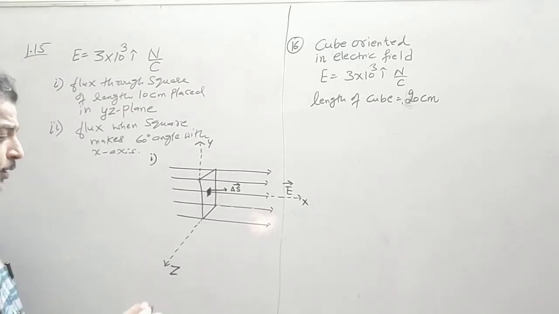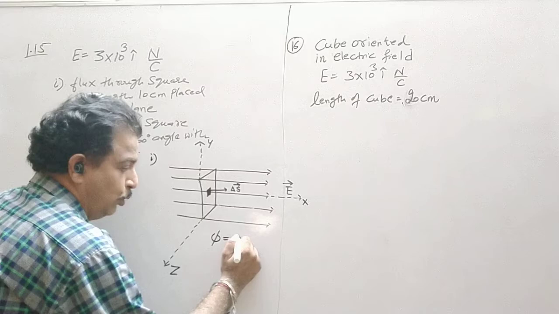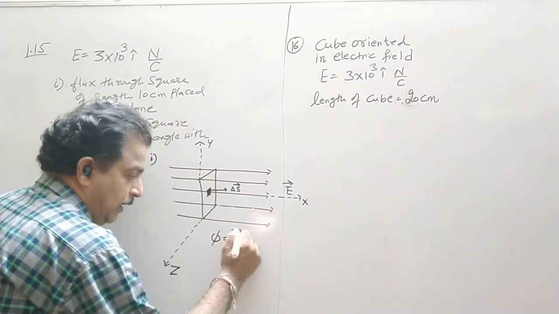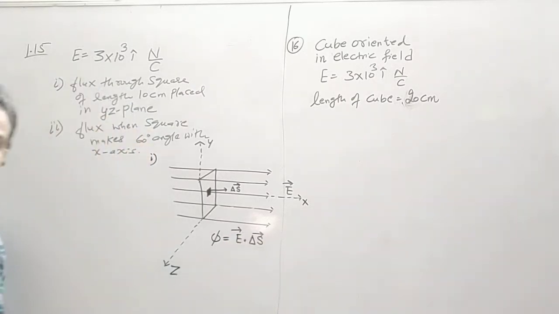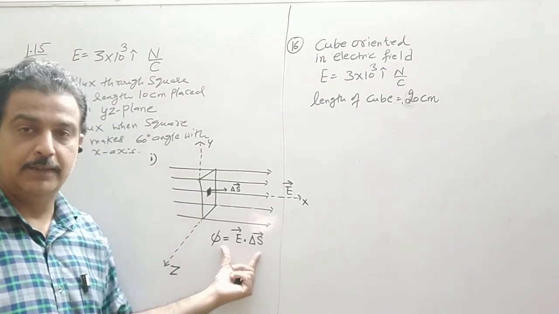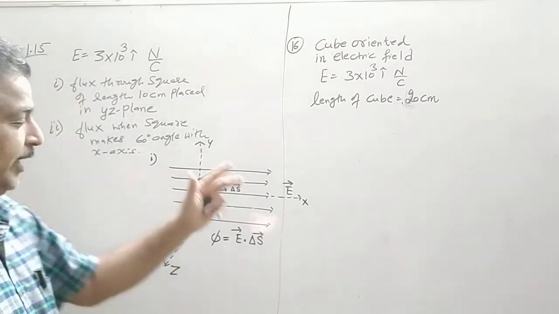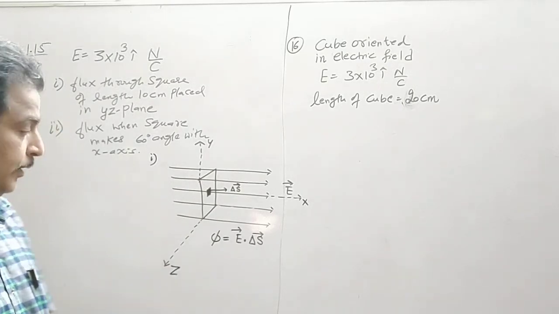So we know the flux formula is: flux is equal to E vector dot delta S vector. This was our definition of electric flux. Electric flux is the number of field lines passing through a unit area held normal.